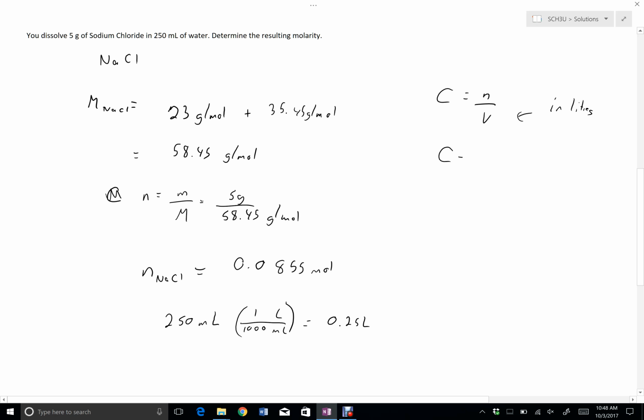And so my concentration is 0.0855 moles per 0.25 liters, or 0.342 molarity. So that's how you can take, say, a solid and dissolve it in a certain amount of liquid and figure out what concentration you're going to get.